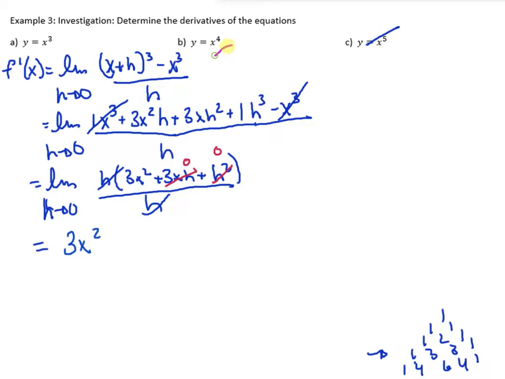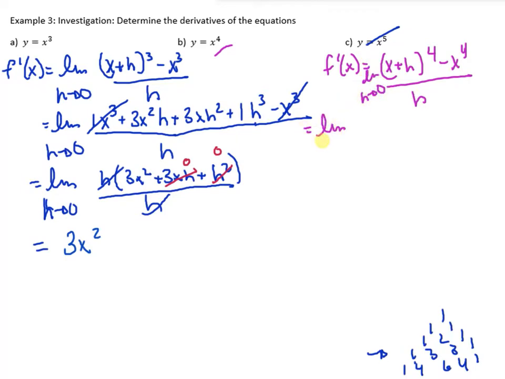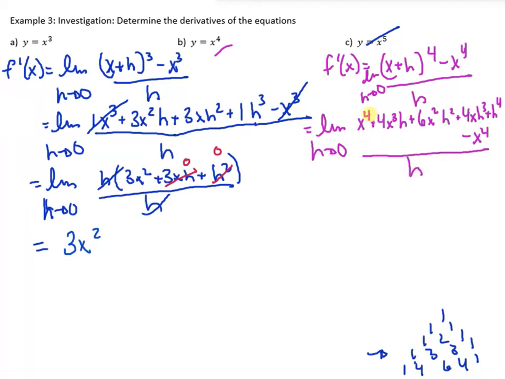Okay, and finally, let's do x to the 4. So we've got x plus h to the exponent 4 minus x to the exponent 4 all over h. And this is the limit as h approaches 0. Again, I'm going to use Pascal's triangle. So 1, 4, 6, 4, 1. We have x to the 4 plus 4x cubed h plus 6x squared h squared plus 4xh cubed plus h to the 4 minus x to the 4 all over h. x to the 4 minus x to the 4, that's great.